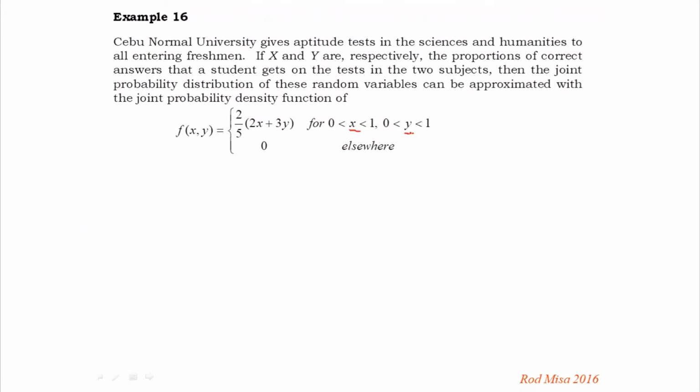And it has a probability of 0 elsewhere from the domain above. So we need to find, letter A, the marginal distribution of x. Letter B, find the marginal distribution of y.